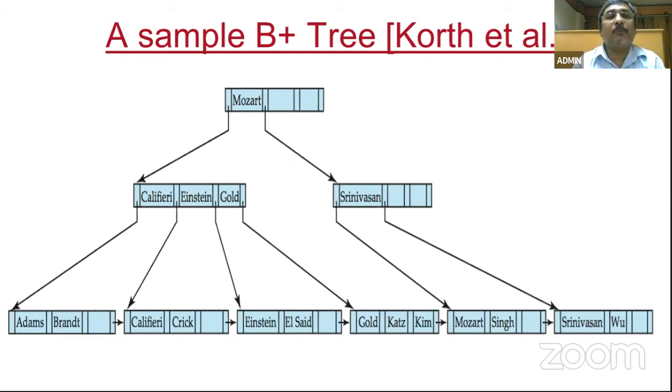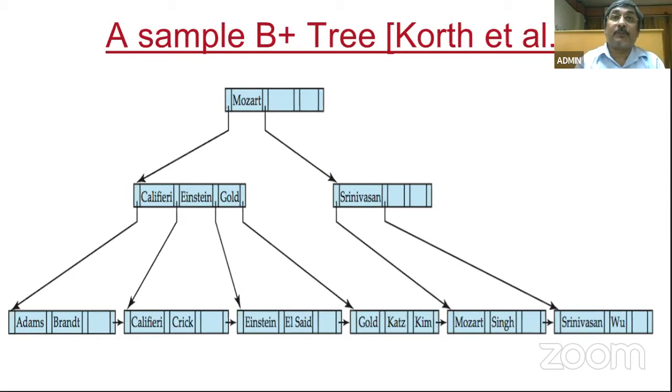To the right of Mozart, the link points to a particular block. I go there. Now, is Srinivasan less than or equal to Srinivasan? Yes. The moment I say it is less than or equal to Srinivasan, I need to traverse a link of Srinivasan. Understand my point?